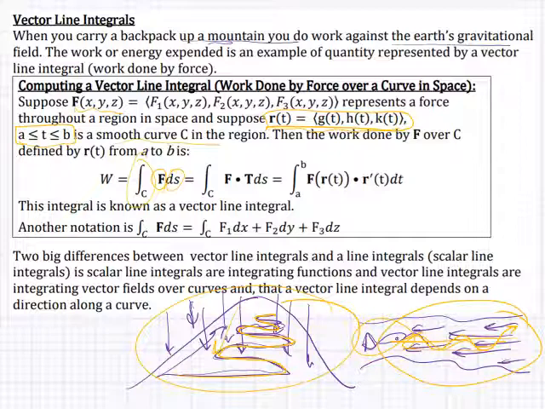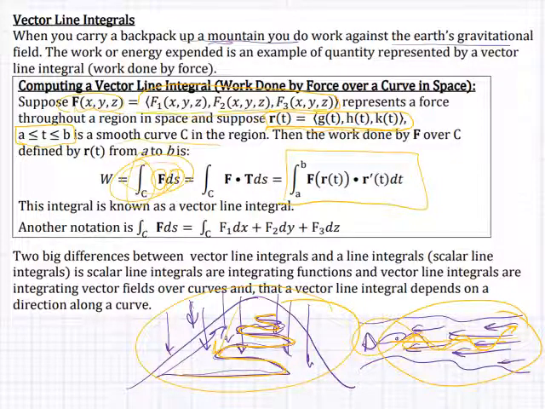And so if we have all this, what we're going to need to do is parameterize the vector field with respect to arc length, but also we want to turn this into a single variable function in the end that we're integrating, right? Because we're doing a single integral. And if we're doing a single integral, we need a single variable function for us to do that. This vector field is not that, right?